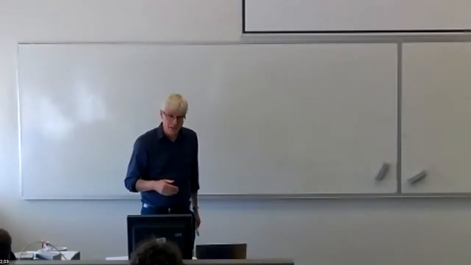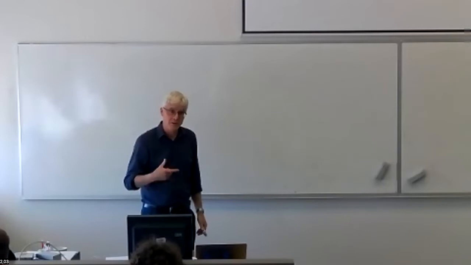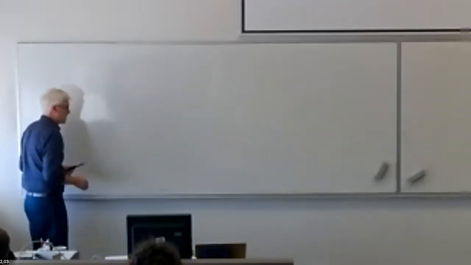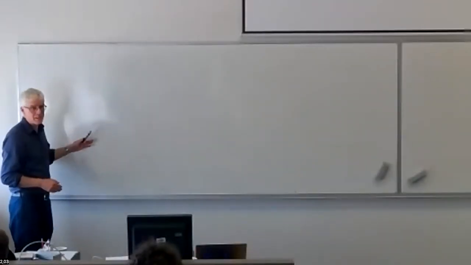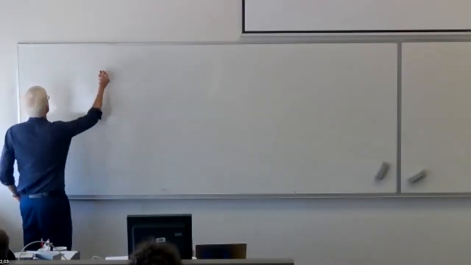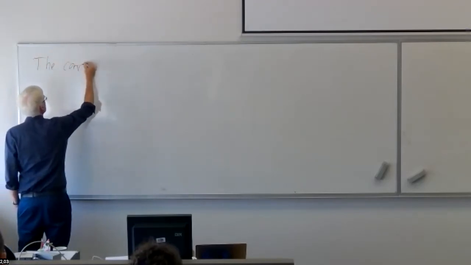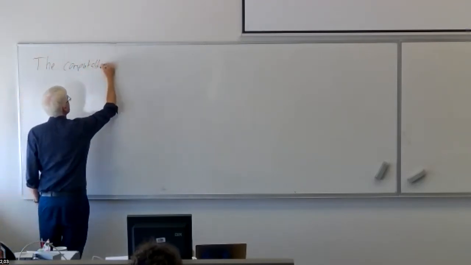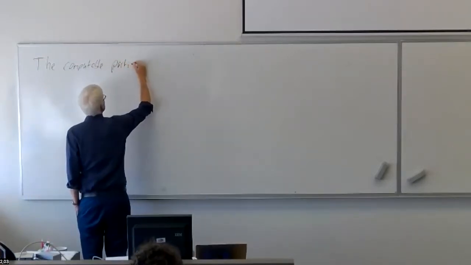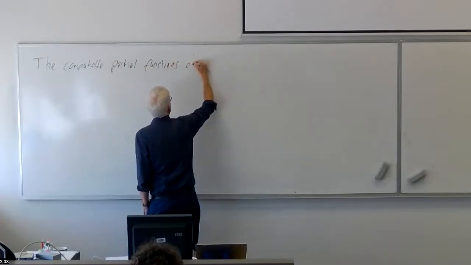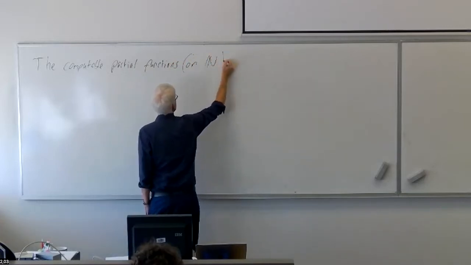Today's lecture is lecture 4, so we've got 2 lectures before the lecture with your presentations. What I want to do today and next week is to look at one specific other model. And this other model is the computable partial functions on the natural numbers.